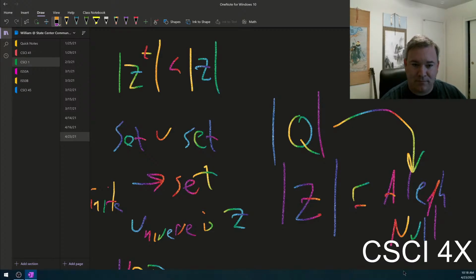Twice as many? Wrong. Yeah, it's actually exactly the same size. There's exactly as many positive integers as there are integers. And if that hurts your brain, good, it should.